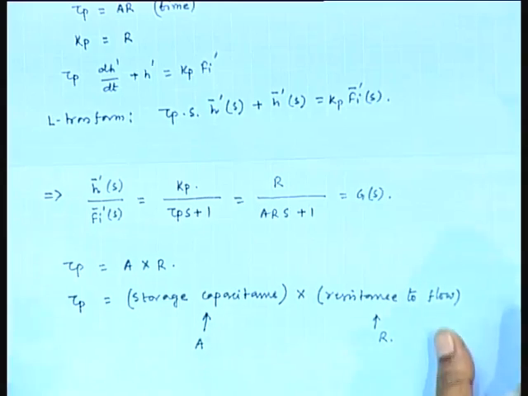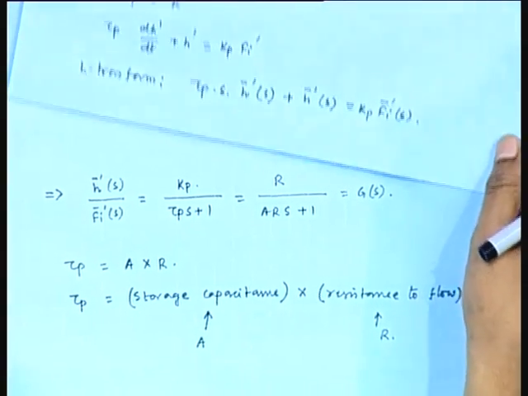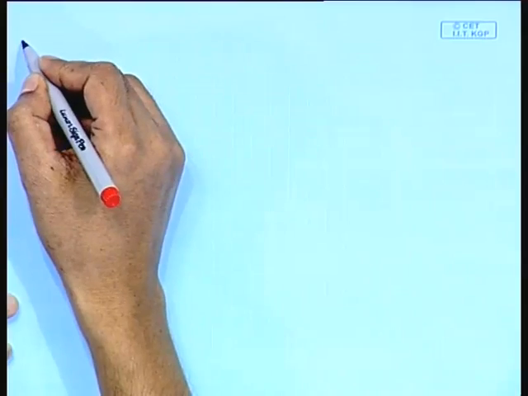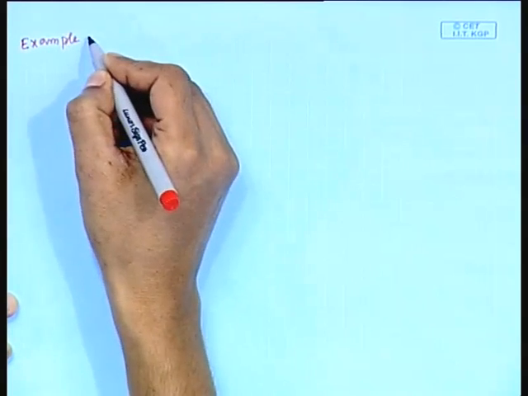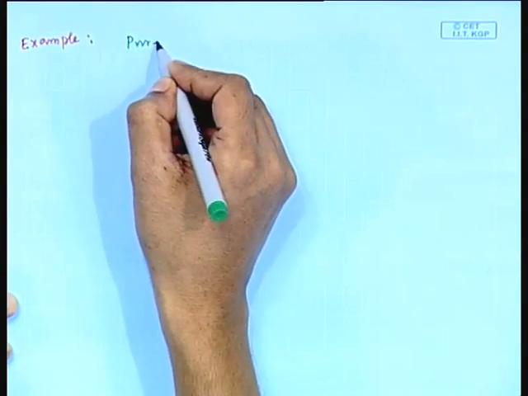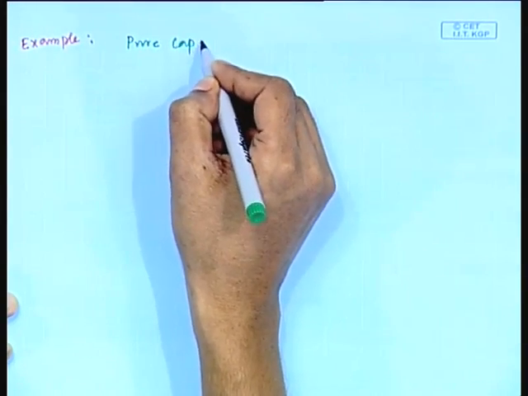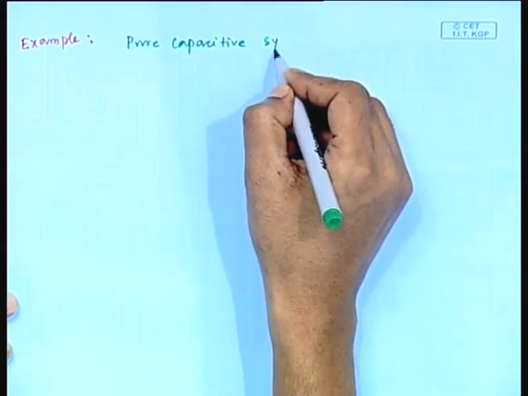Fine. In the next we will take another example, that is the pure capacity system. We have considered another example, that is the example of pure capacitive system.